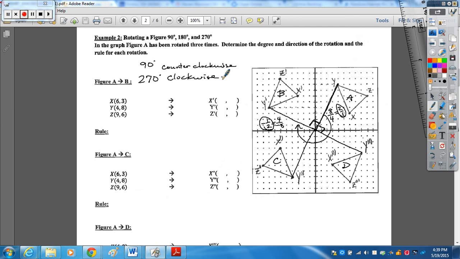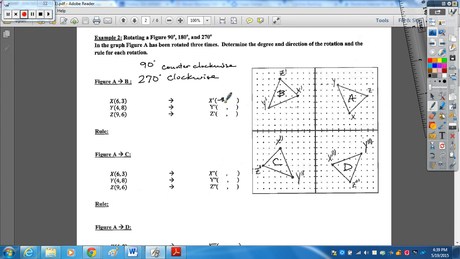Now, if you take a moment and go ahead and fill in the ordered pairs for X prime, Y prime, and Z prime. Actually, let me clean this off a little bit so we can see this better. Okay, so A, C, D. The X prime is over 3, up 1, 2, 3, 4, 5, 6.